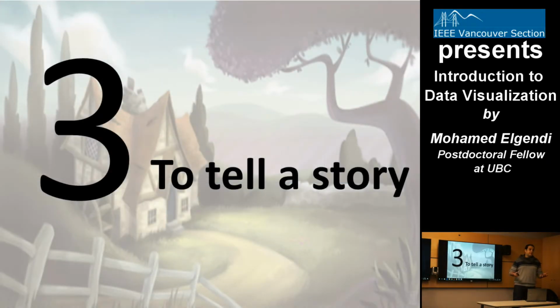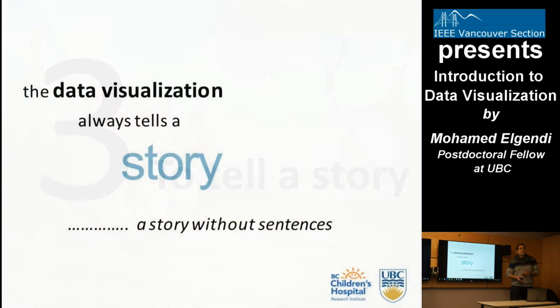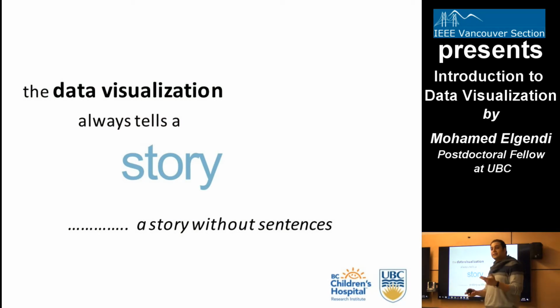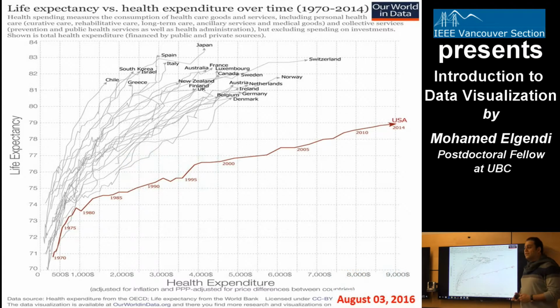To tell a story without even writing a sentence. You can tell a story without even writing a sentence. And I'm going to show you that beautiful figure, also published last year, almost end of last year. Very powerful figure. It's about the healthcare expenditure per citizen and life expectancy per citizen. What is interesting?